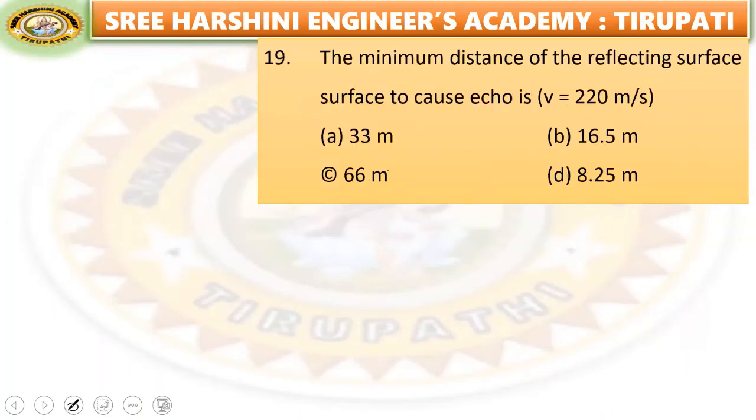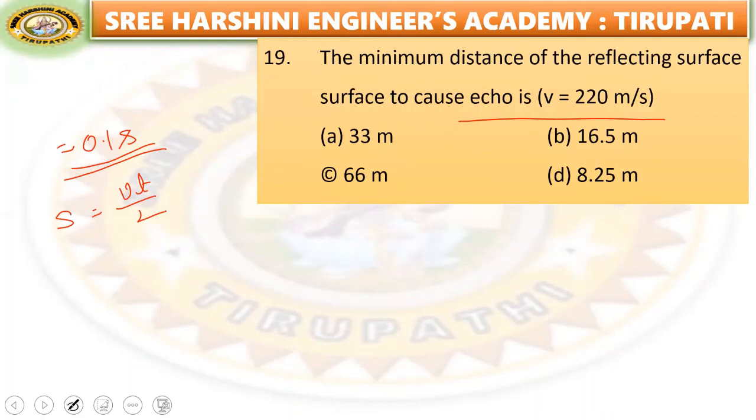What is the minimum distance of the reflecting surface to cause an echo, with V equal to 220 meter per second? The persistence of hearing is 0.1 second. The formula for the minimum distance of the reflecting surface to cause an echo is S is equal to V into T by 2.